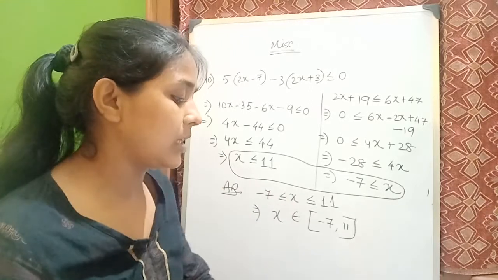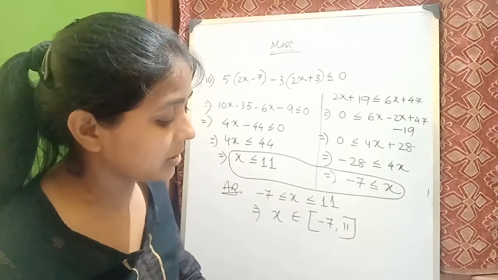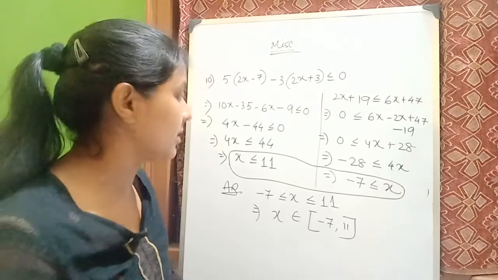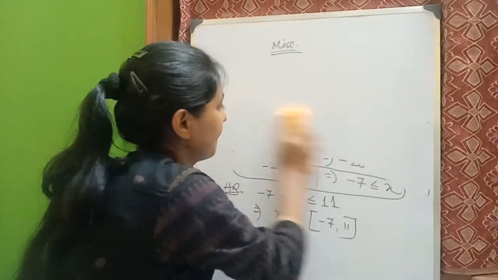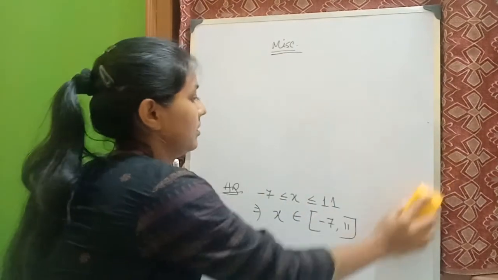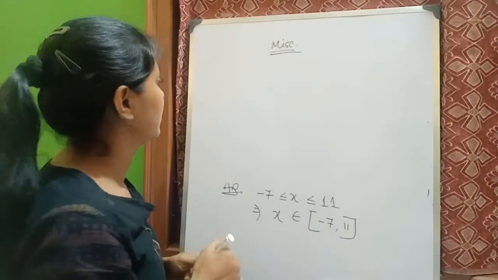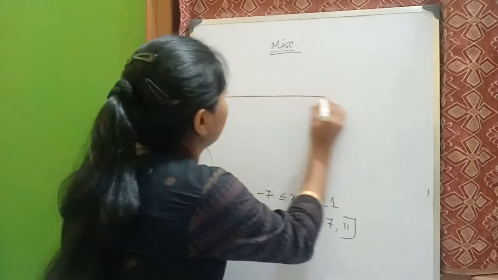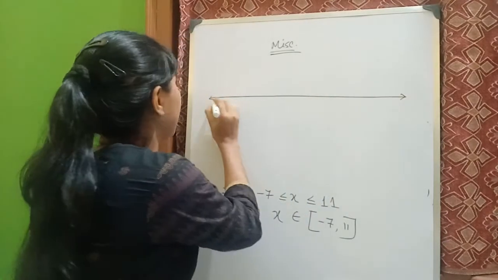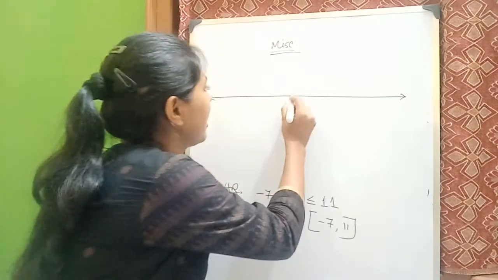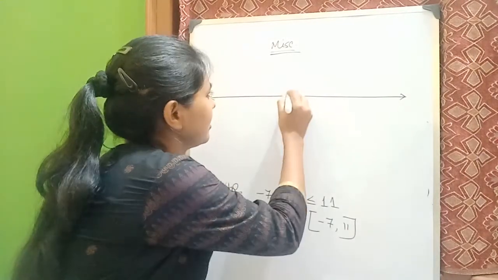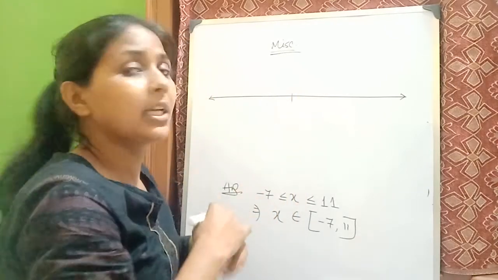Now the question is to represent the solution graphically on the number line. That means we need to draw the number line here. A very simple number line. You just use your scale and pen, and don't make it too big.